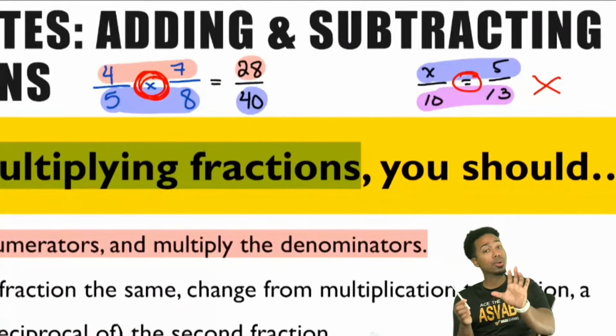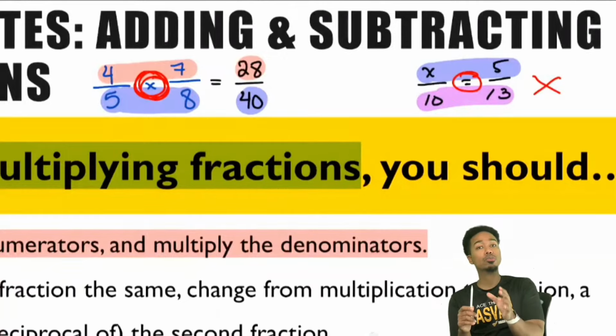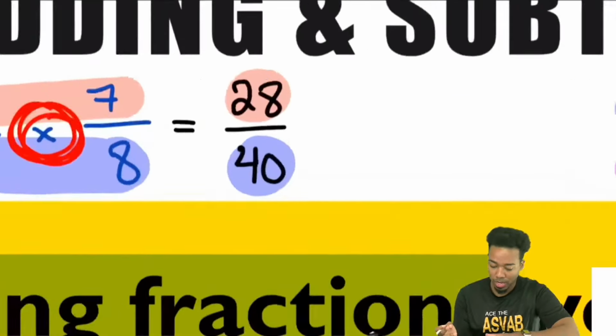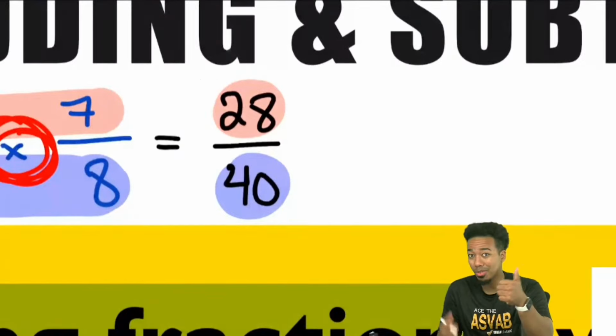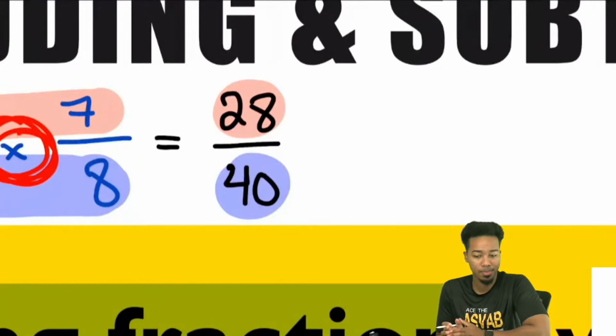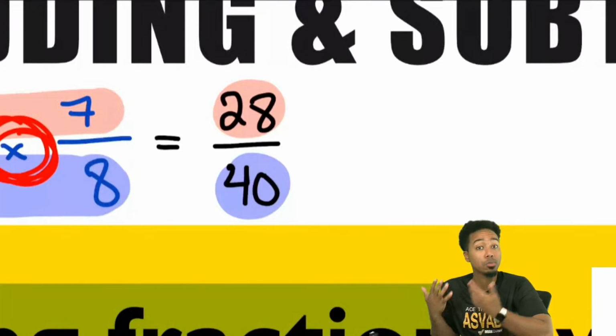All it means, and if you've ever been confused on what simplest terms means, simplest terms just means that the numerator and denominator no longer share something that they can both be divided by. So for example, if we're looking at 28 over 40, well, everybody, guess what? 28 is an even number, 40 is an even number. What does that guarantee that can be divided into both numbers? 2. You can guarantee if you have an even number in both the top and the bottom, you can always simplify it because they're both divisible by 2.